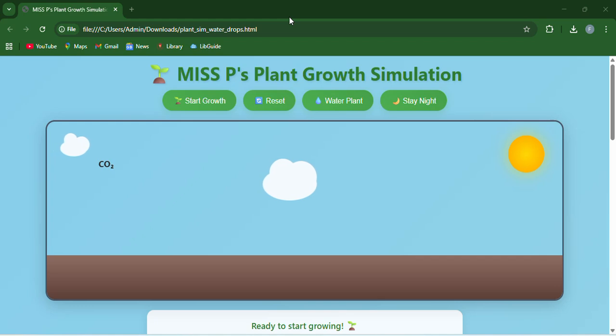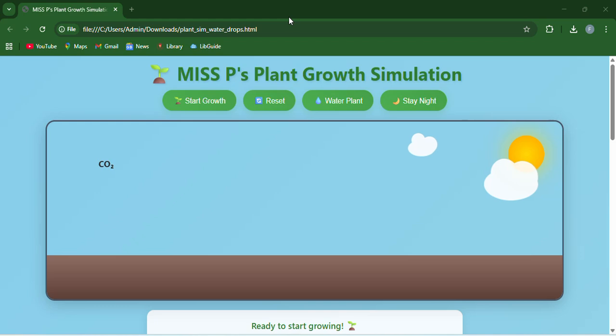My simulation is going to have two parts. One will have limited water added to the seed, and the other one will have enough conditions needed for the seed to grow.